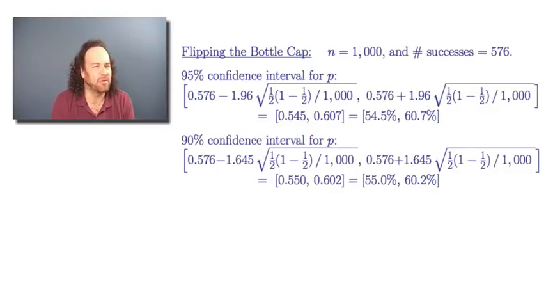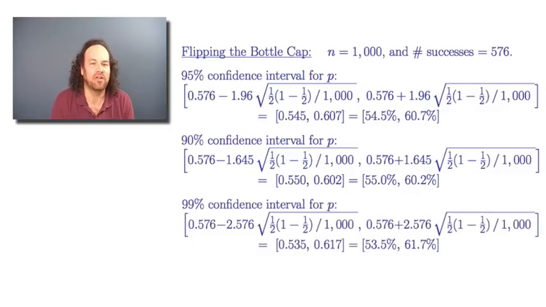If we wanted to be really careful and really sure, 99% confident, then we would take a wider interval, this time using the value 2.576, in order to get a confidence interval which is a little bit wider, but we're even more confident that the true value of p is somewhere in this range. So in this way, we can see that there's a bit of a trade-off between how certain we want to be and how small an interval we want, how accurate we want to be.